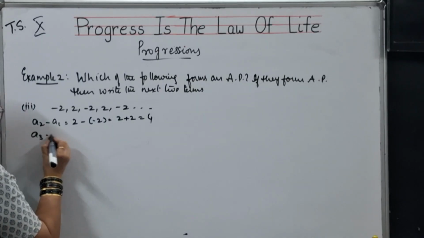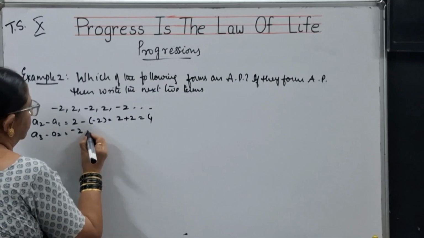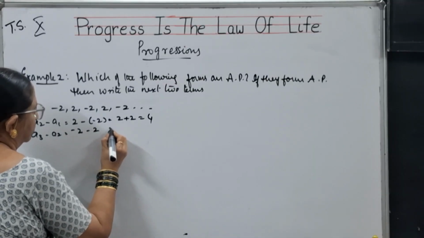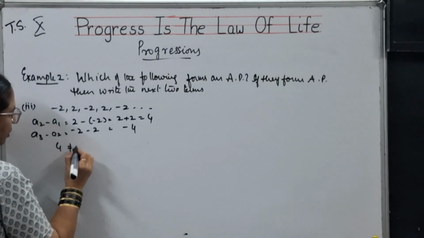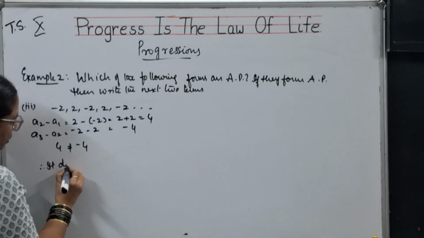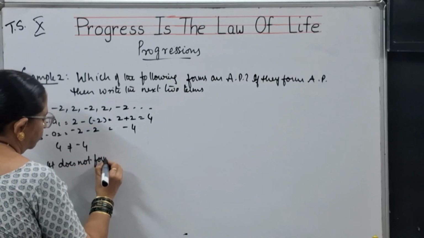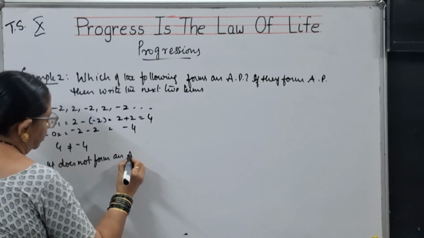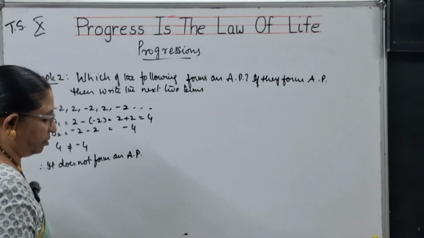Now a3 minus a2. a3 is minus 2, minus 2. That is how much? Minus 4. So 4 is not equal to minus 4. Therefore, it does not form an AP. So there is no question of writing the next terms.